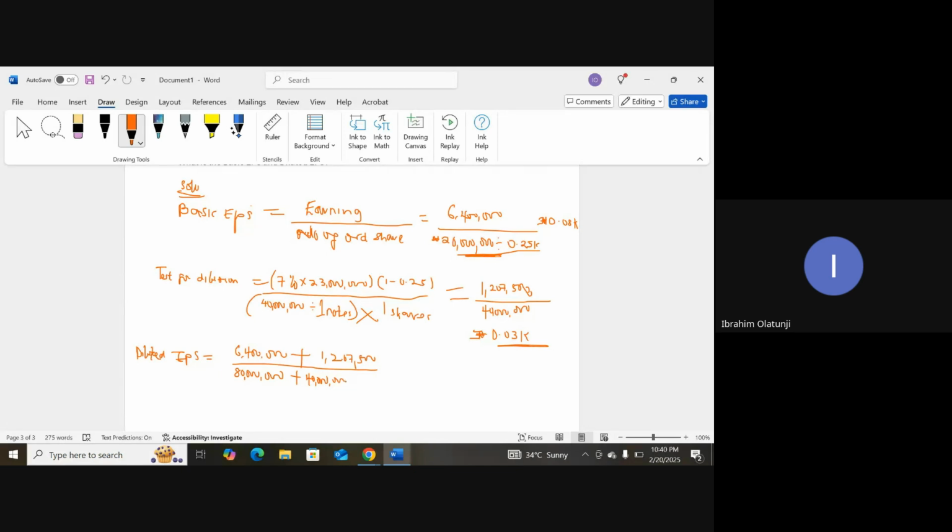So the logic is very simple. When computing diluted EPS, just get your basic earnings, then add the interest savings from the test of diluted. You just add it.